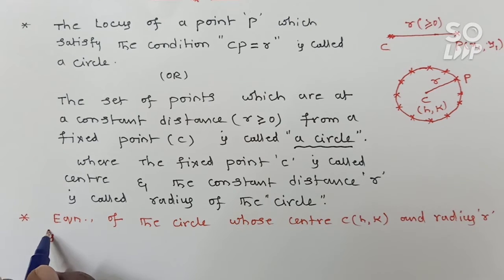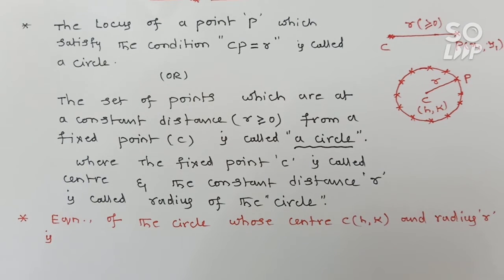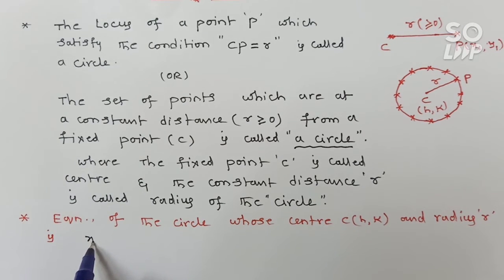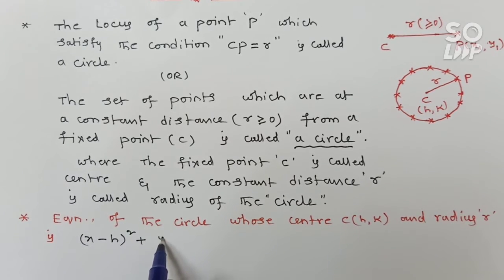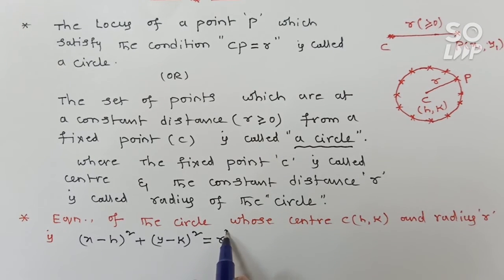What will be that equation? x minus h whole square plus y minus k whole square is equal to r square.